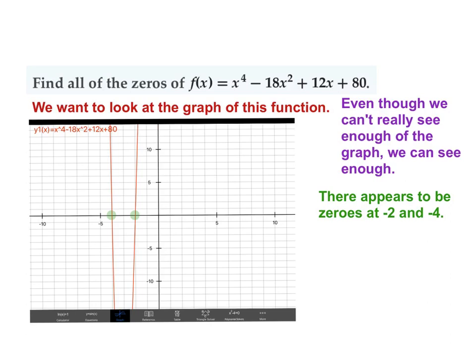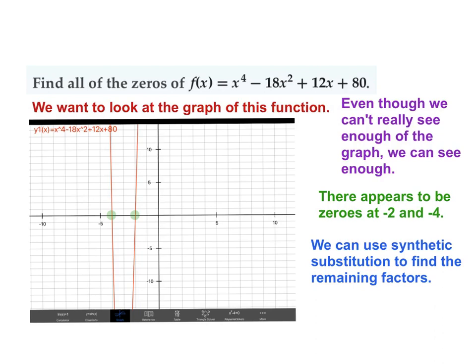Because if we can find one, then we can divide it like we did yesterday to find a new polynomial, which is probably going to be factorable. In most of your homework problems, the degree is going to be 3, so all you really need to do is find 1, because if you find 1, we're going to take it down to a quadratic, which you can solve.